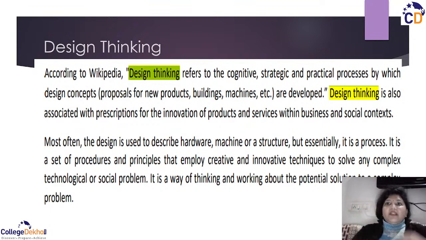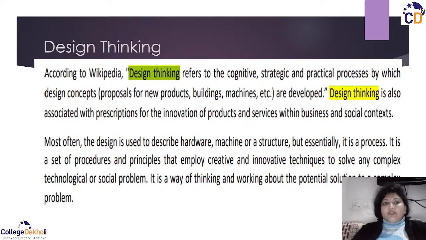Now, while identifying, you define your problem, and then you ideate on your problem and give different ideas using different techniques. Then you build a prototype, and then you test the prototype. And it is an iterative process. You may refine it later. So let us start with this.